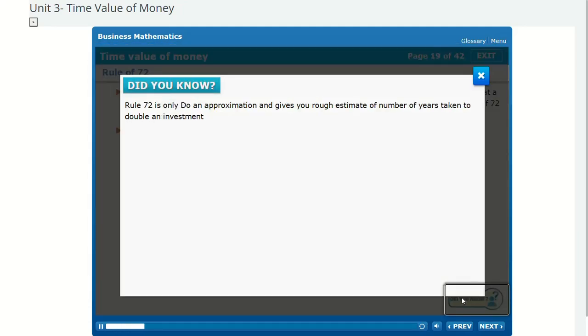Did you know? Rule 72 is only an approximation and gives you a rough estimate of number of years taken to double an investment.